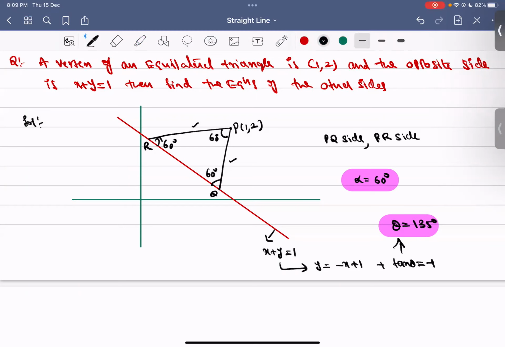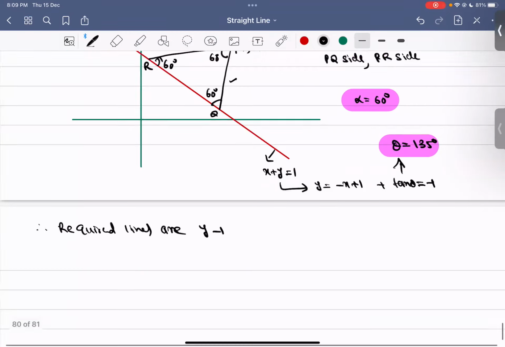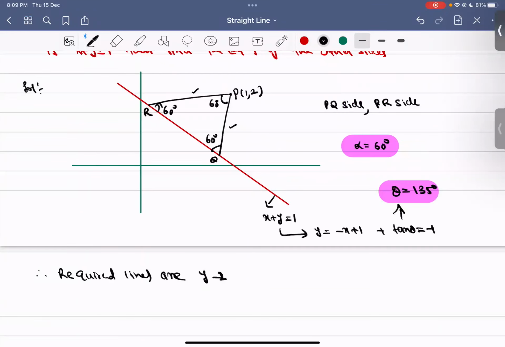So then what are the required lines? From the above result, the required lines are y minus y1 equals tan of (theta plus or minus alpha) into (x minus 1), that is, tan of (135 degrees plus or minus 60 degrees) into (x minus 1).